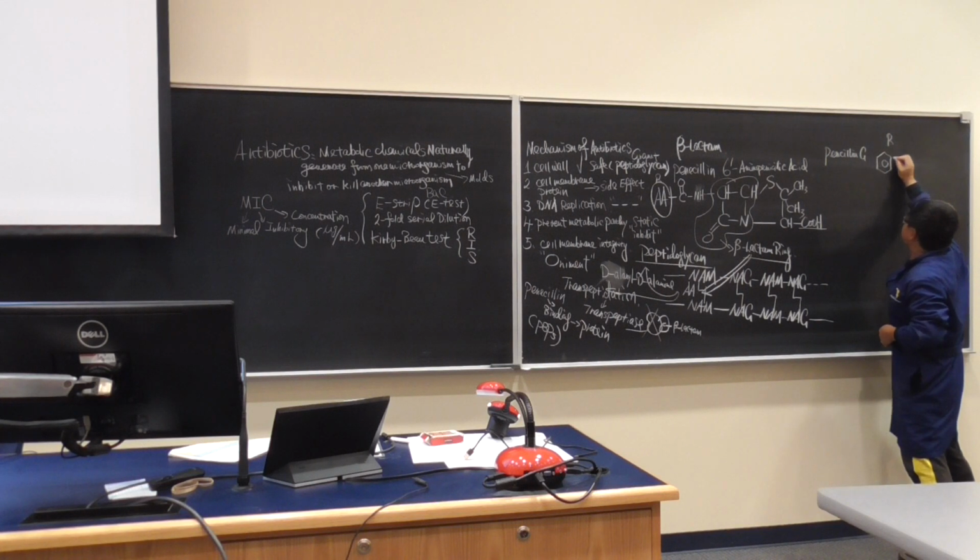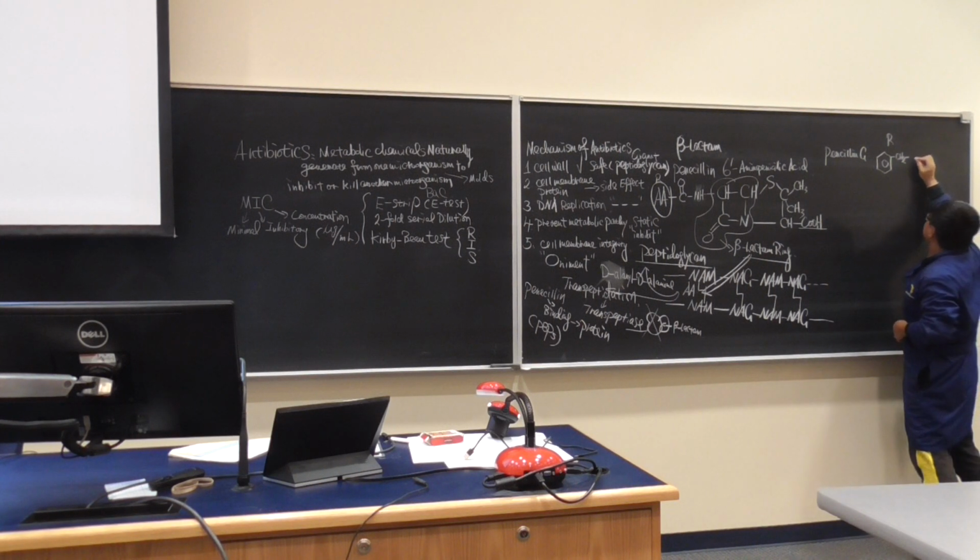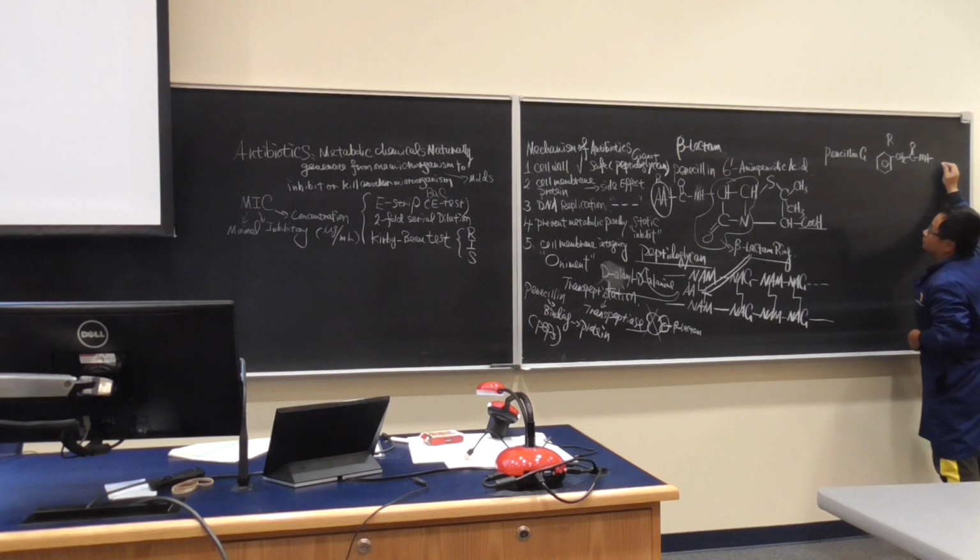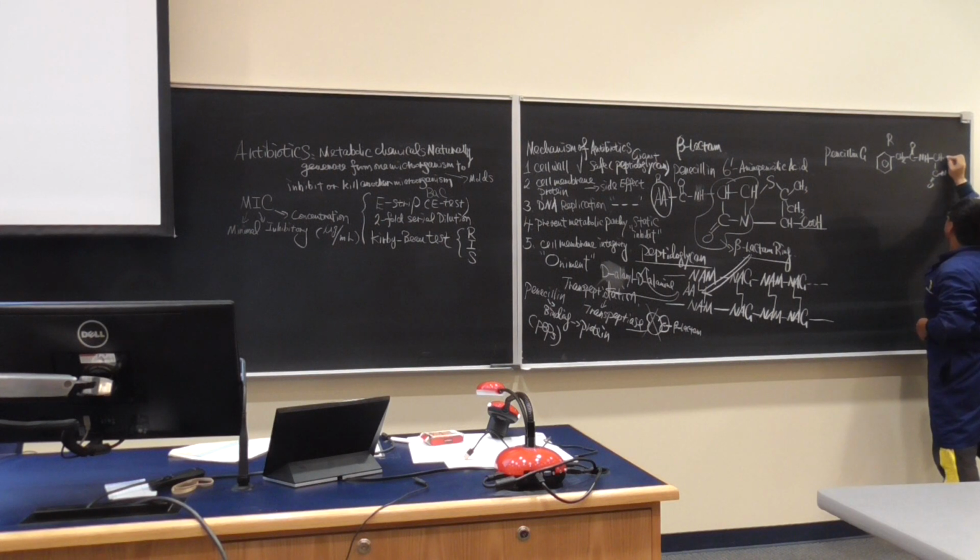R looks like this: CH2, C=O, and NH. Then there is a beta-lactam ring, so we can draw it here, then CH, COOH.